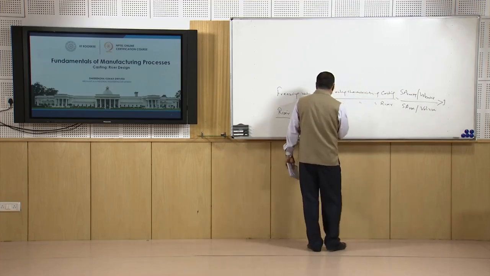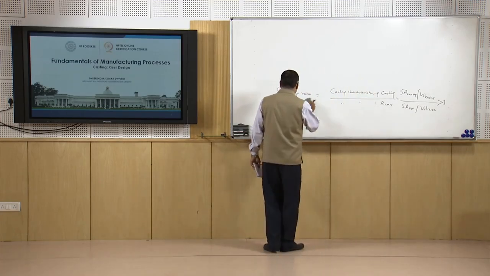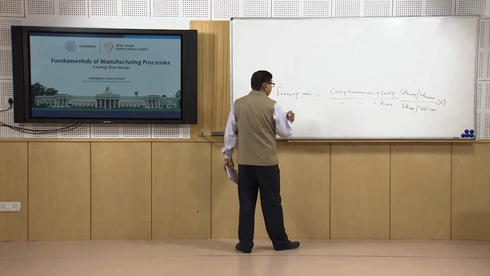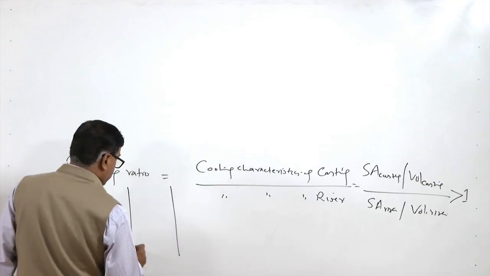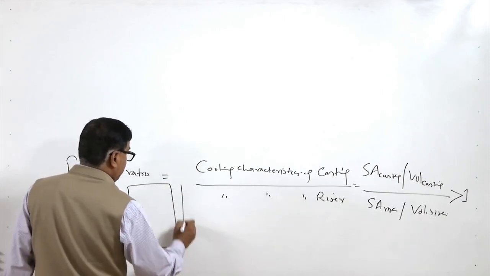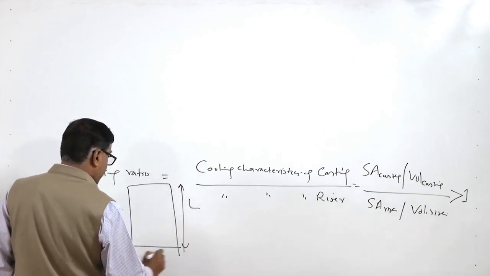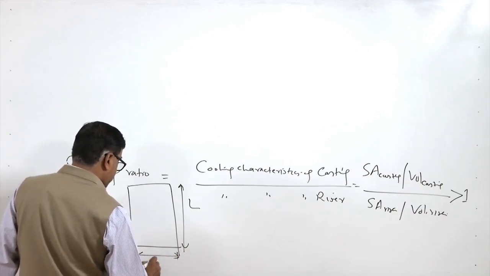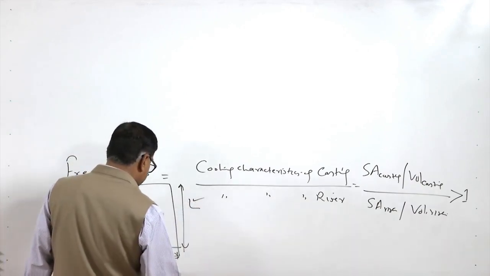So, the next preferred shape for the riser is the cylinder. In the case of cylindrical risers, basically the length and the diameter of the riser are obtained as far as the design is concerned.